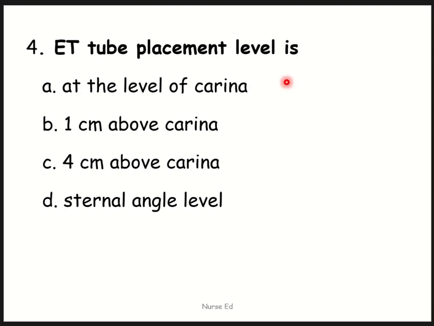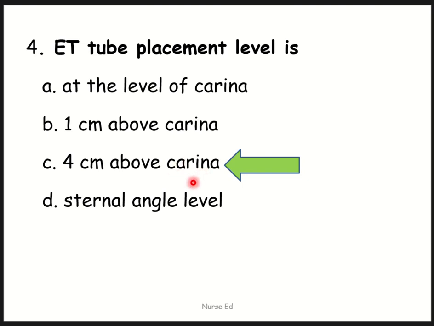Now, the ET tube placement level is: at the level of carina, 1 cm above carina, 4 cm above carina, at sternal angle level. So, what is the level? Guess? Yes, C, 4 cm above carina. Carina is the point where the trachea bifurcates into two bronchi.